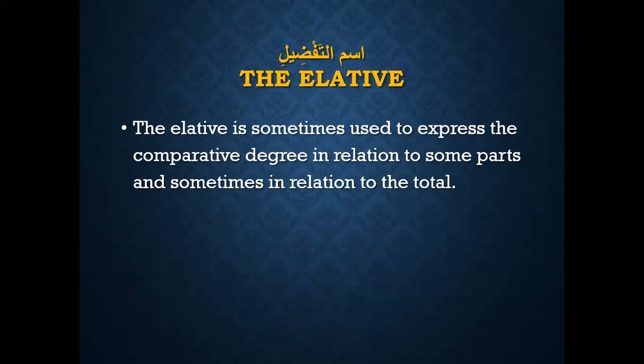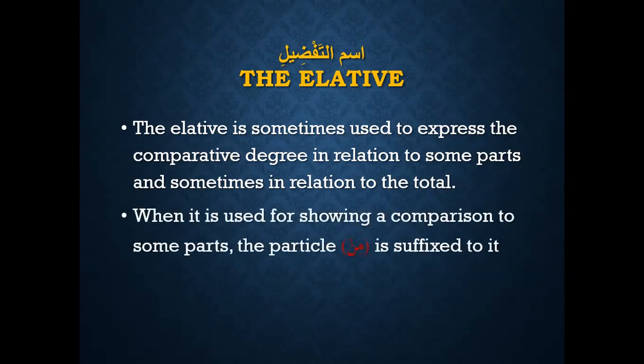Sometimes the comparison is done against a group, the whole of it, or against some parts. So when you use it to compare it with something, then you say min, something. So this particular thing is bigger than that, better than that, lighter than that, more beautiful than that.